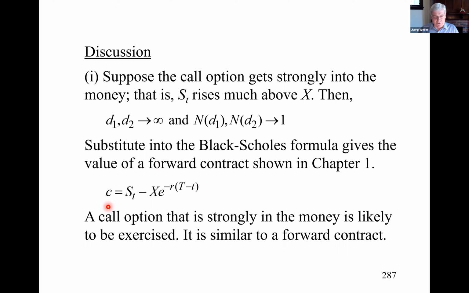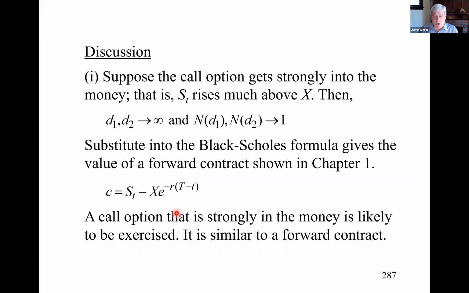In chapter 1, we used a small f for the value of a forward contract. Don't confuse it with the big F, the forward price. So I discuss here the value of the contract, the value of an option.